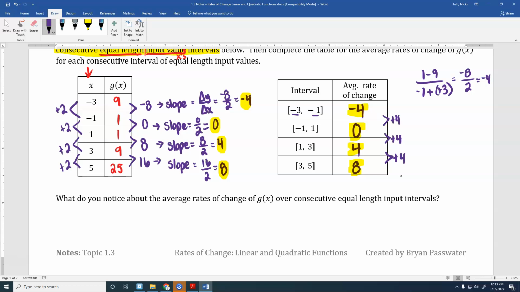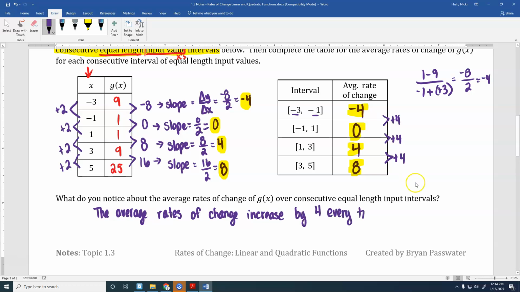And you can say the average rates of change increase by 4 every time the x value increases by 2. So a rate of change is linear.